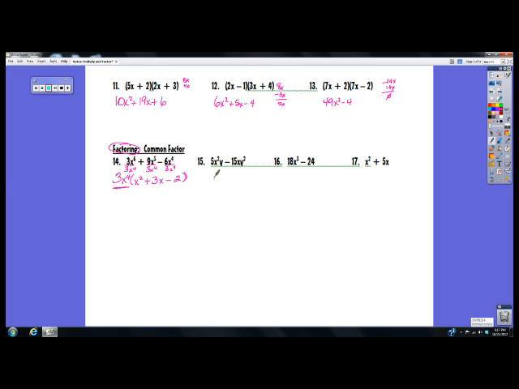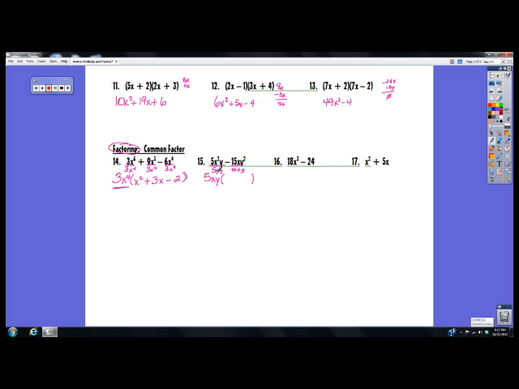Number 15, common factor as far as numbers go is 5. They all have an x in common. I can only pull out one x. They all have a y in common. I can only pull out one y. So 5xy is my common factor. Again, if it helps you to write 5xy under each term so you can see what you're dividing, fine, you can do that.